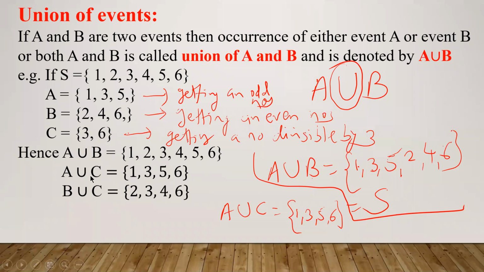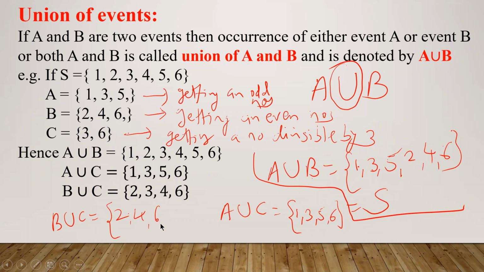Similarly, we can write B union C. Again, what is our method to write B union C? We will first write down the sample points of B. So B contains 2, 4 and 6. From C, we will write the sample points which we have not written here.